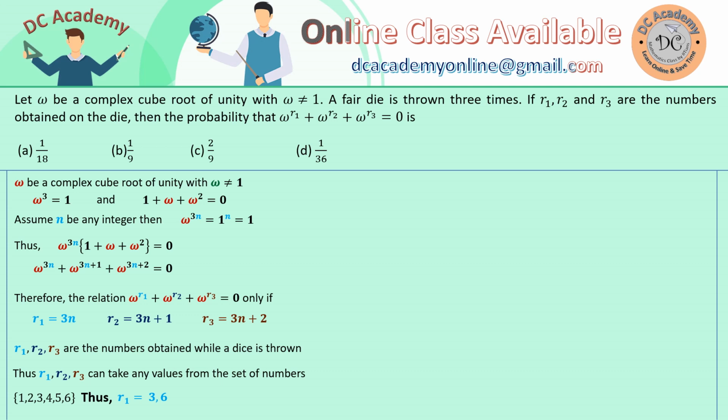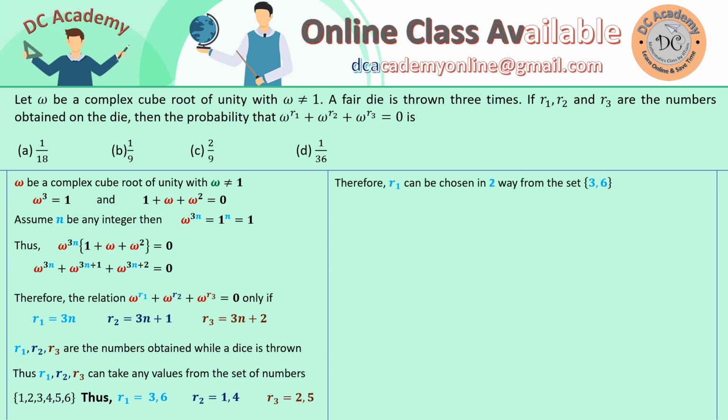For the next case it will be 3n plus 1, so if I take n equal to 1 it's 4, and if I take n equal to 0 it's 1. So r2 is 3n plus 1. In the previous case I don't consider n equal to 0, because then r1 would be 0, and that is not possible when we throw a die. And obviously for r3 it will be 2 and 5. So these are the possibilities r1, r2 and r3 can take.